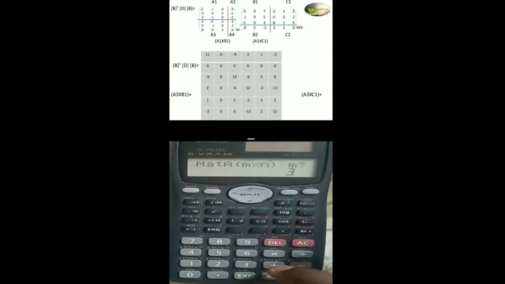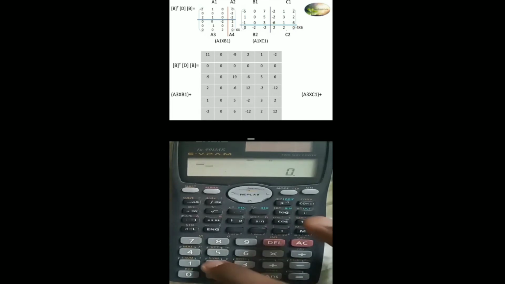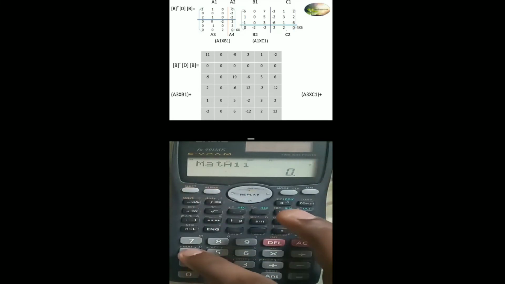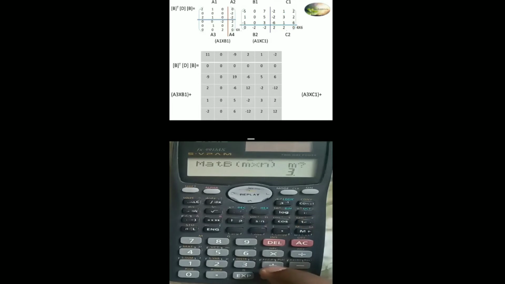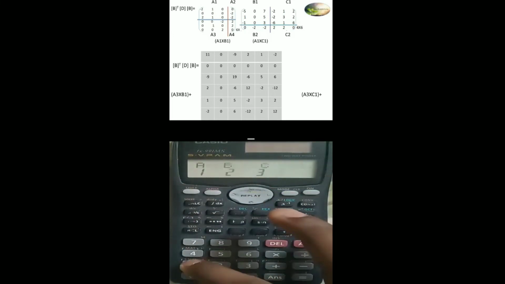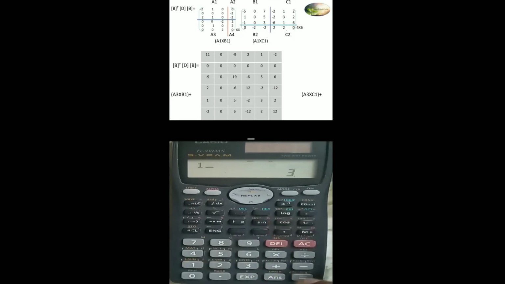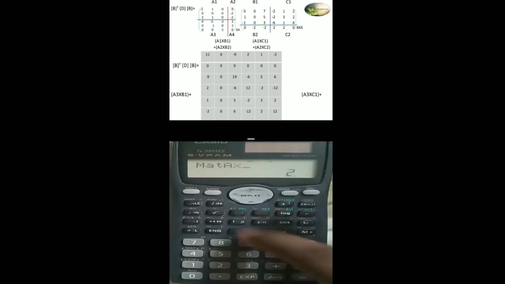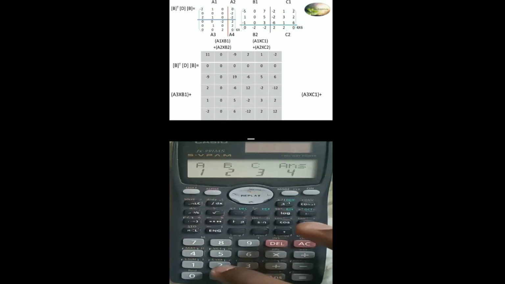Now enter the values of A2, B2, C2. Then multiply A2 into B2, get the value, add with A1 into B1.